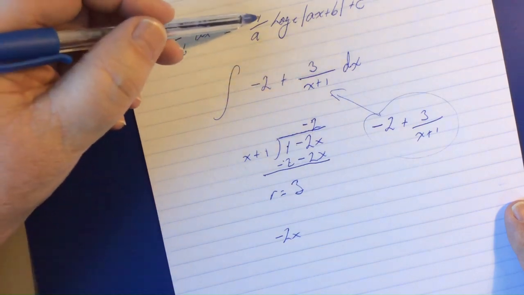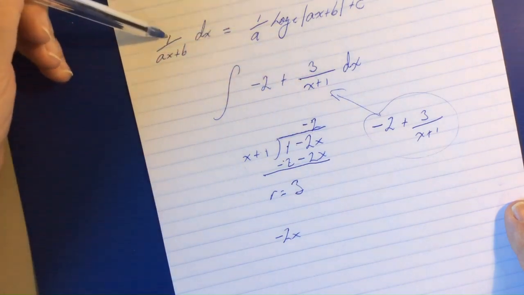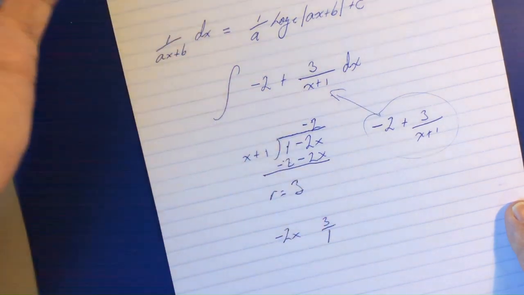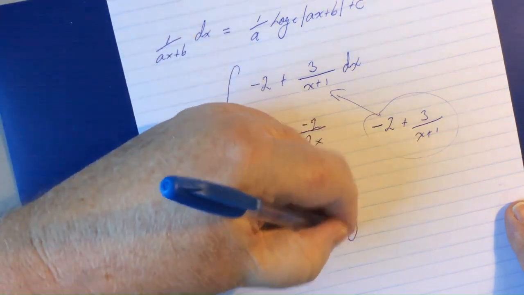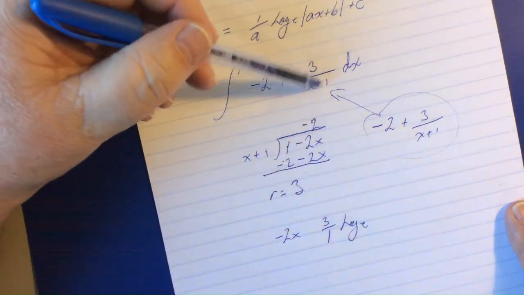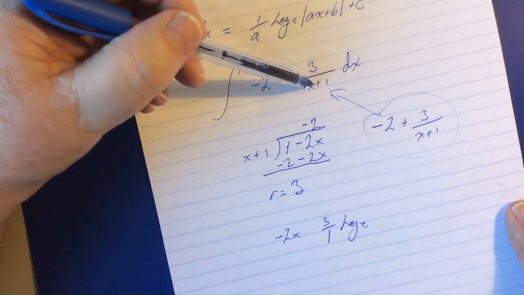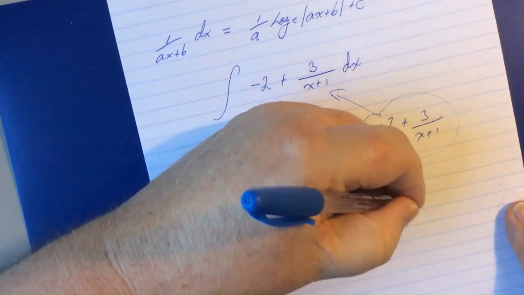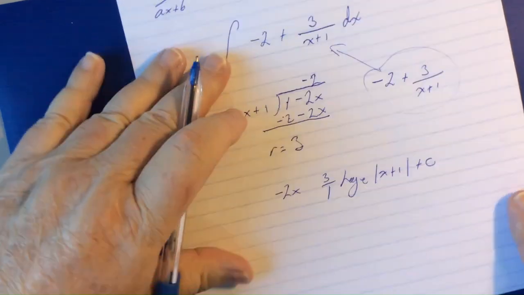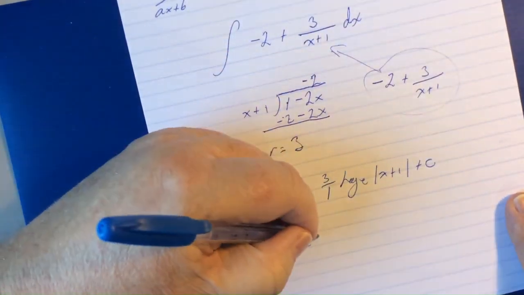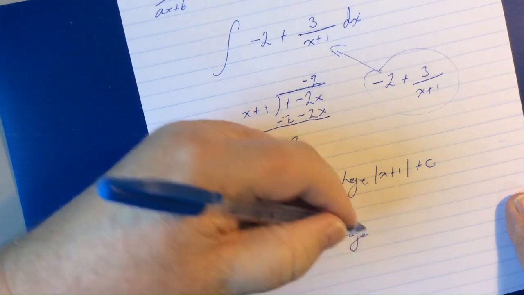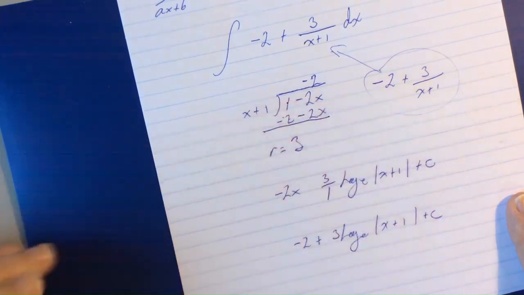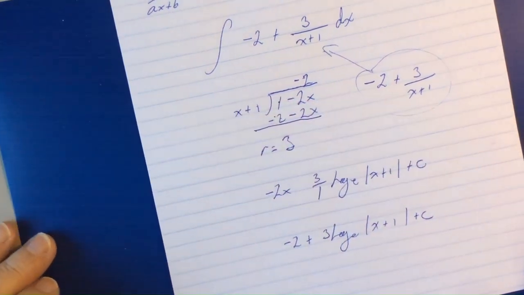We've got 3 as a numerator instead of 1, so it's going to be 3 log e of the function of x, which is this thing, plus c. To tidy that up, it is -2x plus 3 log e modulus of x plus 1 plus c. And that is our answer, and that is how you do it.